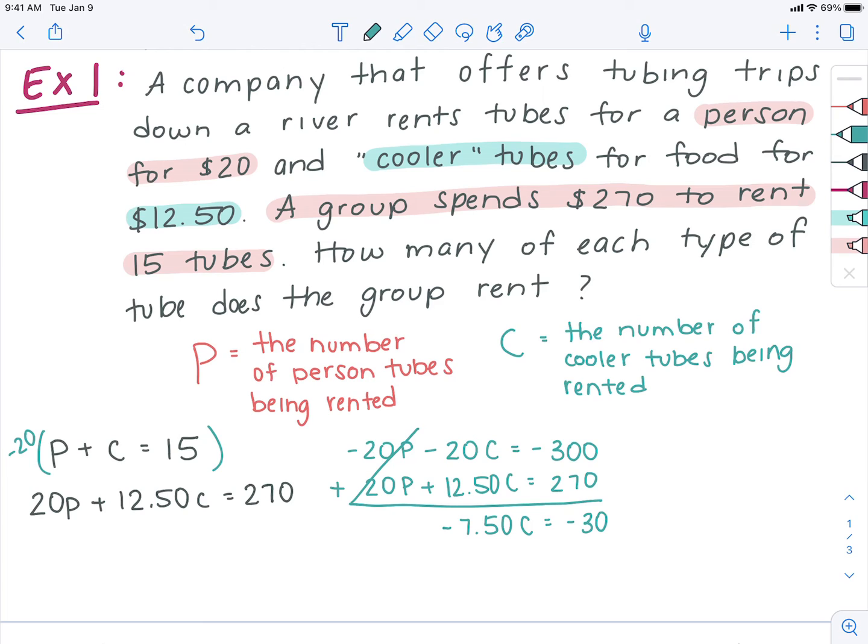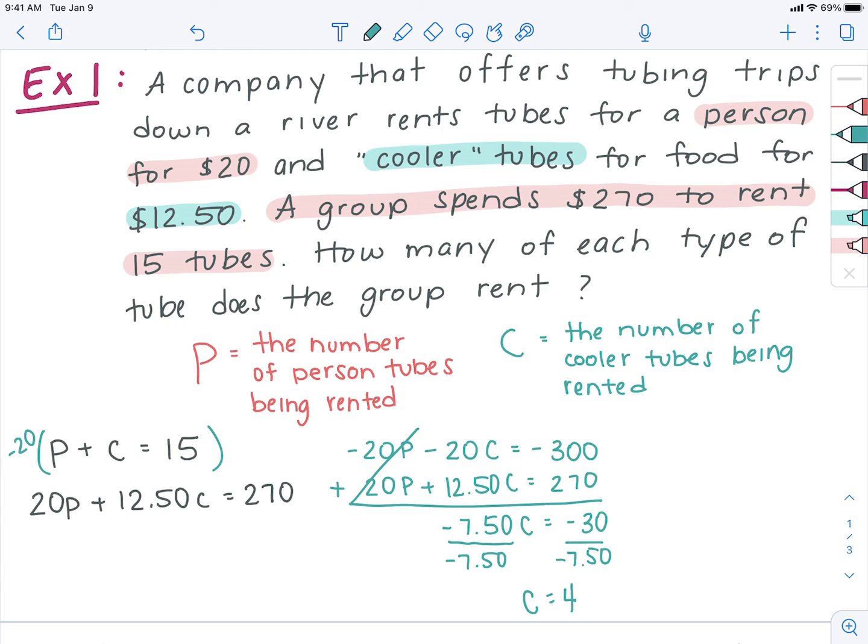Now I've got to get rid of that negative 750. So I'm going to divide on both sides. When I do 30 divided by 7.5, I get 4. So C equals 4.